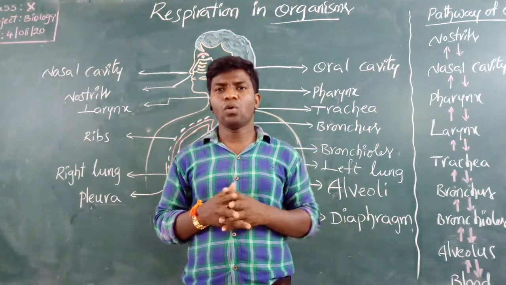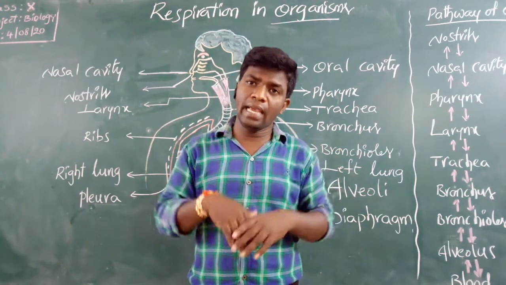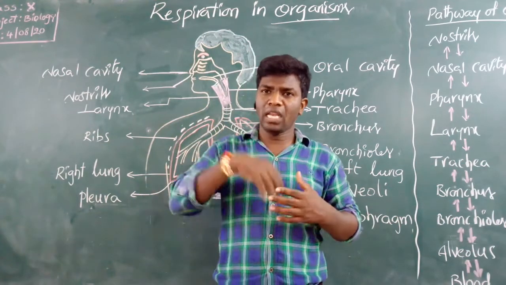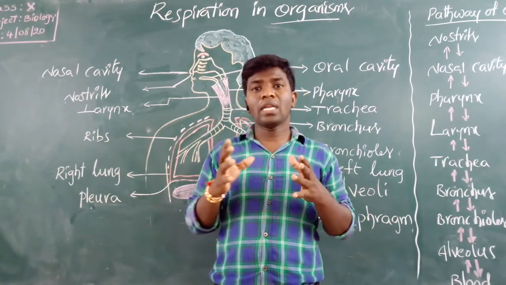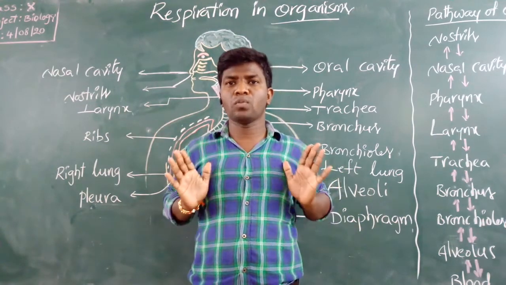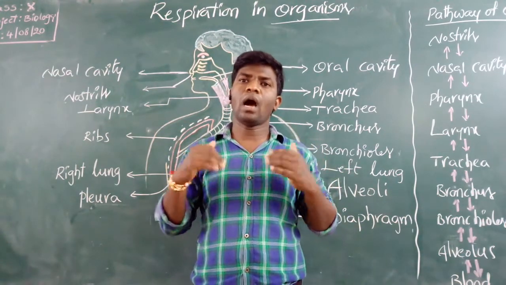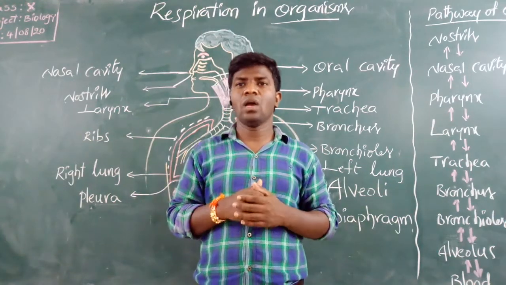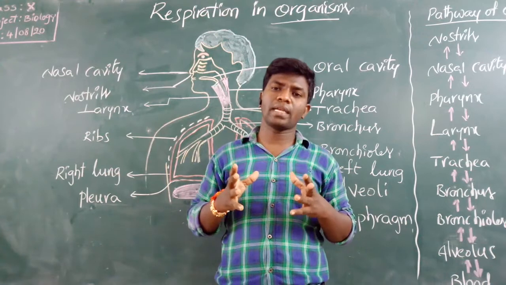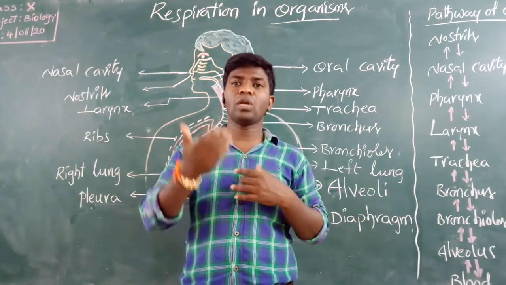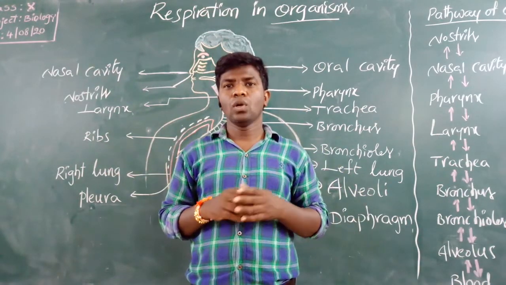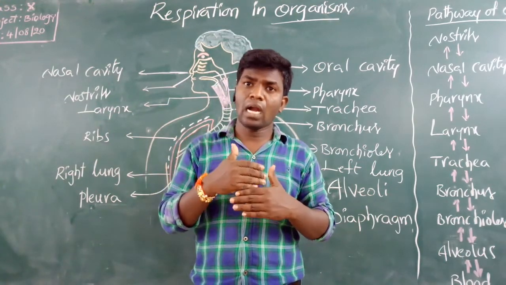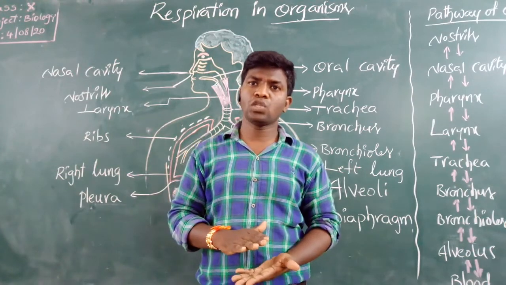When we inhale air, our ribs move upwards and outwards. The muscles in the rib cage contract while we are breathing in. At the same time, the diaphragm becomes flat and moves downward due to contraction.